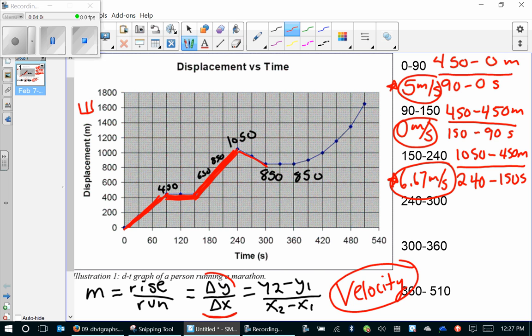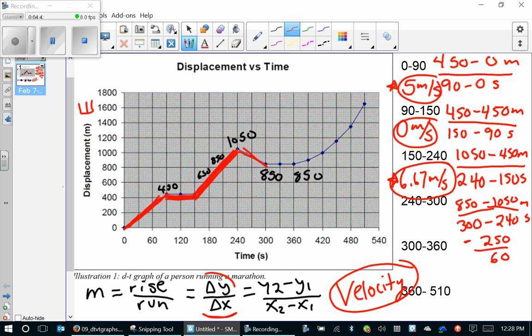Okay, here what happens? Well, we go our second value, 850 minus 1050 over 300 minus 240. Okay, so here notice that we would get negative 250 over 60.